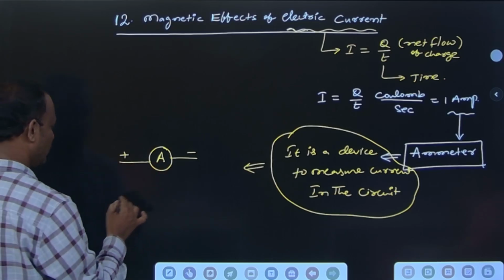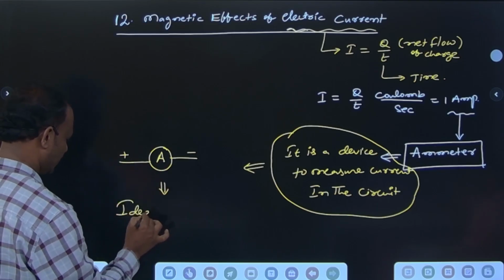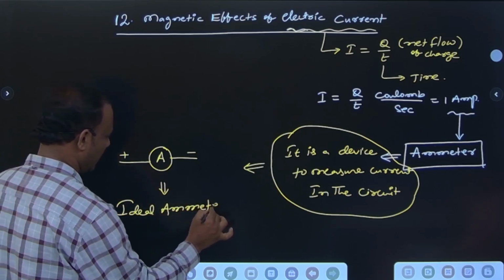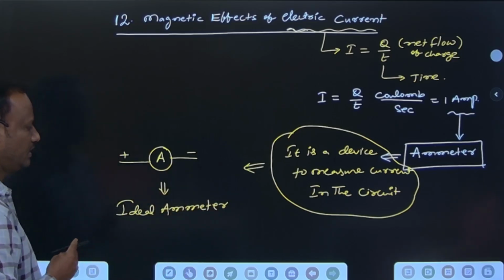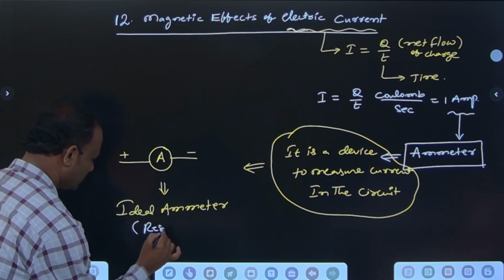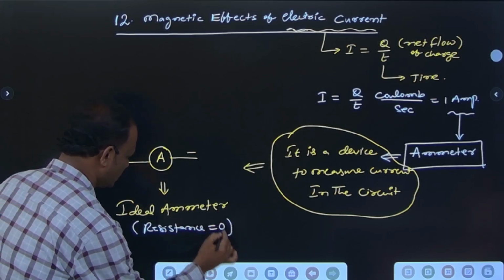Next, what is an ideal ammeter? An ideal ammeter is one whose resistance is equal to 0.